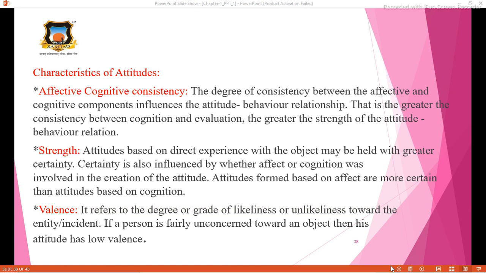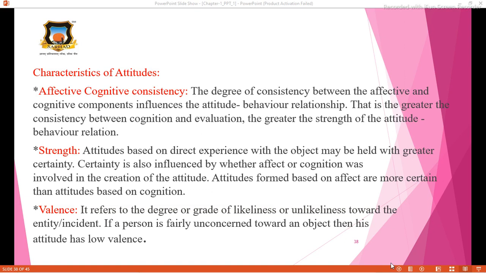That is, the greater the consistency between cognition and the evaluation, the greater the strength of the attitude behavior relation. So you can say the attitude is affective, cognitive and consistent.